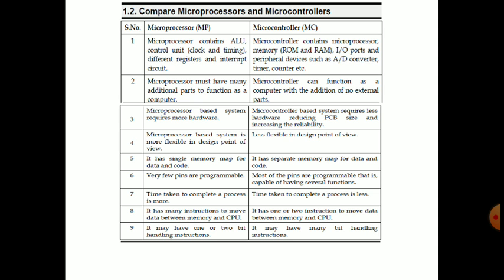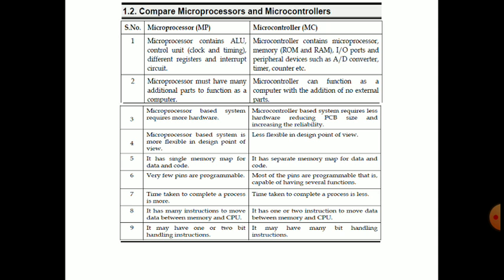The fourth one: a microprocessor based system is more flexible from a design point of view because it does only the processing, and the remaining things, that is the memory or I/O devices, need to be integrated with the microprocessor. So separate designs are possible for each and every part.